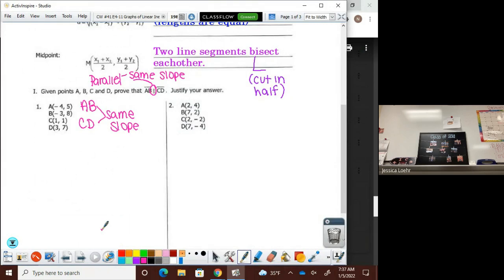So I'm going to start by finding the slope of AB. Here are the 2 points I'm going to use. And I'm going to label x1, y1, x2, y2. I'm going to rewrite this.